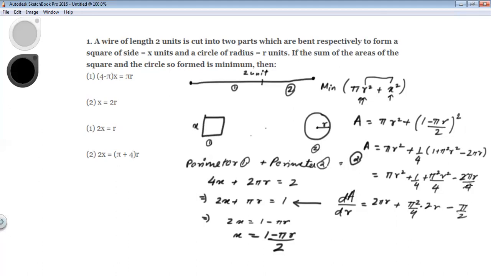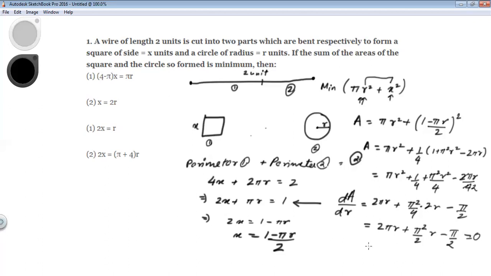Since in this case 2 and 4 get cancelled, this is 2. So pi by 2 will remain. So this is our value then, right? 2 pi r plus pi square by 2 r minus pi by 2. Now this must be equal to 0. We need to equate dA by dr to 0 to find its minima or maxima.